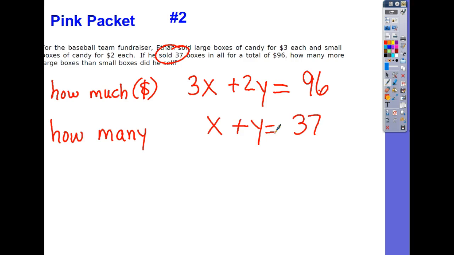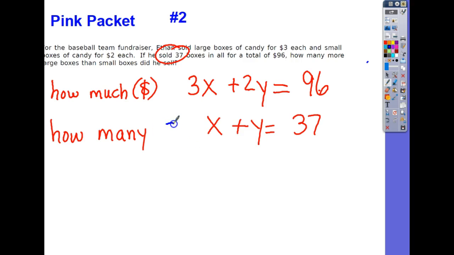You solve a system by either elimination or substitution. Most of us preferred elimination. What do you want to eliminate, the X or the Y? It's your choice. If you're going to eliminate X, this number right here needs to be a -3, so when I add them together, it will eliminate.